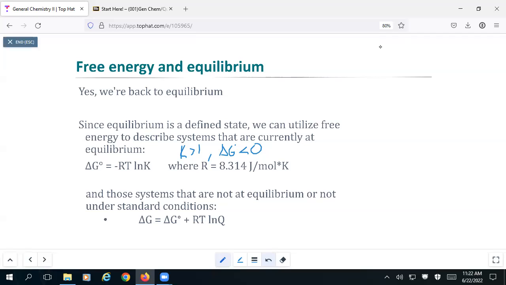And consequently, if it were the opposite, if K is less than 1, then delta G would be positive. Because again, think of the implications. A K less than 1 indicates something reactant favored. If the material is reactant favored, then the forward reaction wouldn't be spontaneous. It would be non-spontaneous.